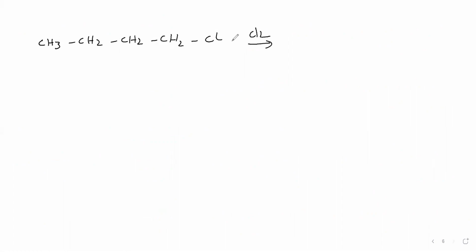This 1-chlorobutane we will take for further chlorination. We will provide a temperature of 35 degrees Celsius. Further chlorination means one more hydrogen will be replaced by chlorine. So, which hydrogens can go for chlorination? This hydrogen can go, this hydrogen also can go, this can go, and this can go for chlorination.